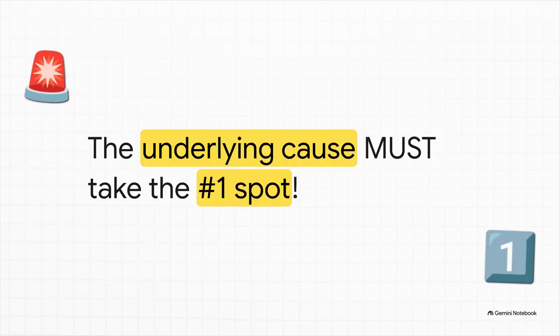Because a type 2 MI is a systemic reaction, we have to flip the script. The absolute golden rule here is that the underlying cause must take the #1 spot on the claim. Whether it's the severe anemia, the hypotension, or whatever else is driving that oxygen demand imbalance, that systemic condition gets sequenced first, followed by code I21.A1 for the type 2 MI.